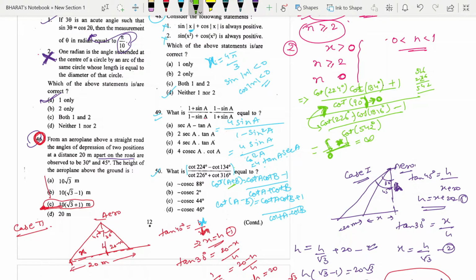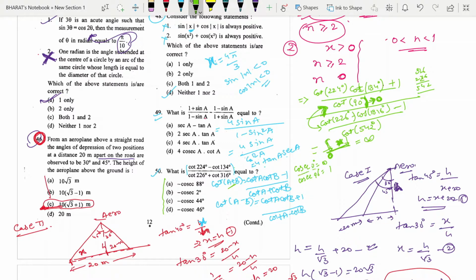Here the options given to us are cosec minus 88 degree, cosec 2 degree, cosec 44 degree, cosec 46 degree. If you know the value of cosec 0, cosec 0 is infinity, and cosec 90 is 1.